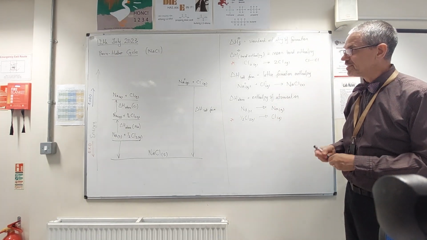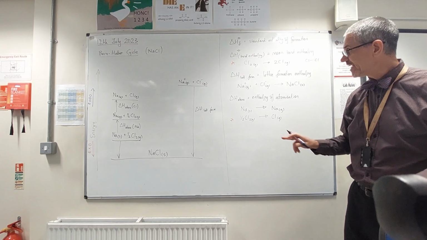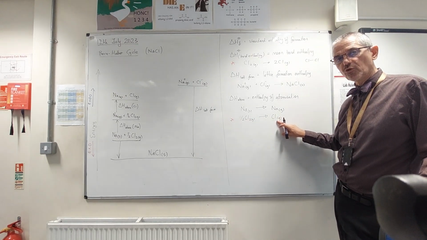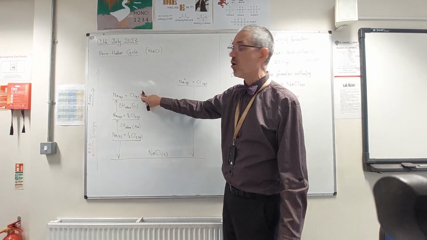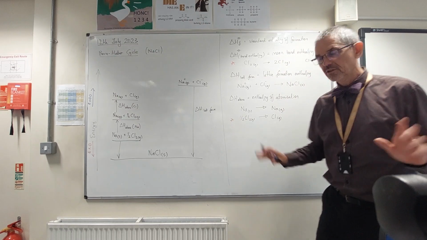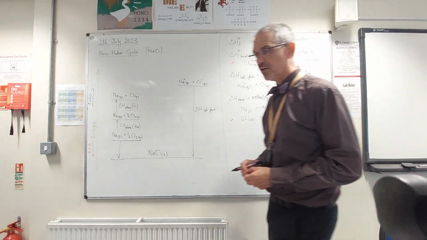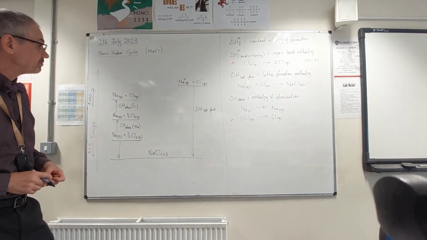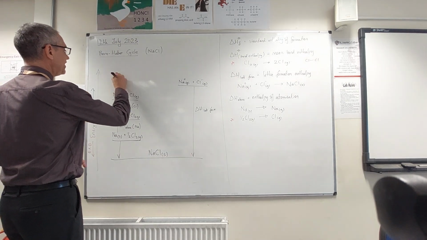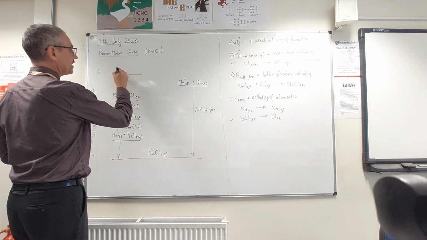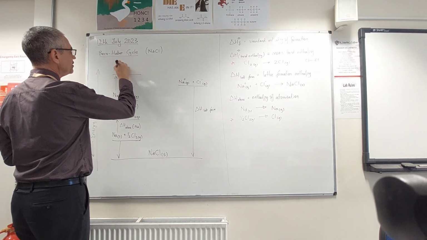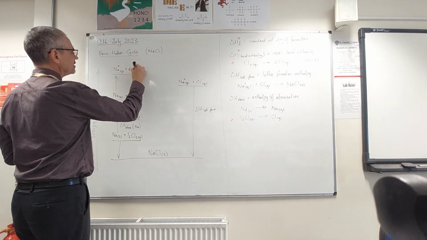It's going to become important. In this case, if I've used atomization data, that makes 1 mole of chlorine atoms. I only need 1 mole of chlorine atoms because I'm making NaCl. So 1 is fine. So no multiplying or dividing of anything. Okay, where do we go next? Well, we need to turn our sodium atoms into sodium ions.